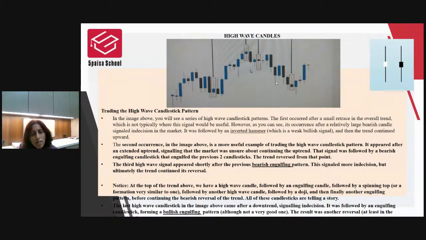Then we took up the high wave candlestick, and we understood that though high wave candles look very similar to the spinning top and doji, there is a major difference. And of course, how the high wave candlestick should be interpreted for your decision. So be very careful.